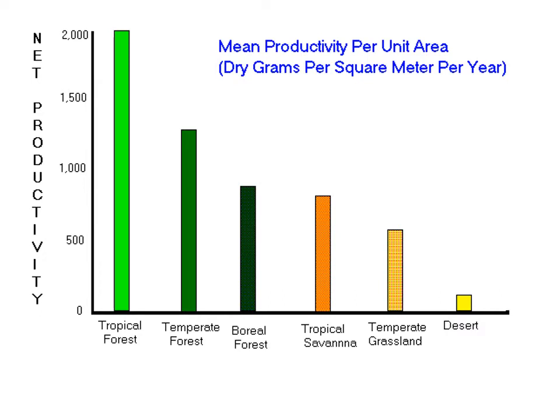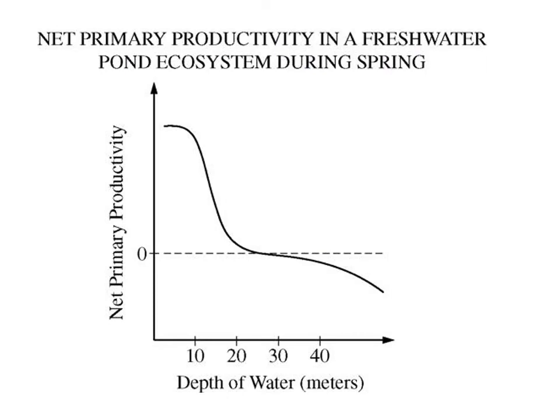But also you've got to remember that increase in temperature might increase respiration rate as well. So it's a balance between those two factors. And there are some other ways they can represent the data. You might get net primary productivity in a freshwater ecosystem. This is during spring, at different depths. Obviously the deeper in the water we go, the fewer plant species we're going to have, and so that might be our explanation for that data trend.